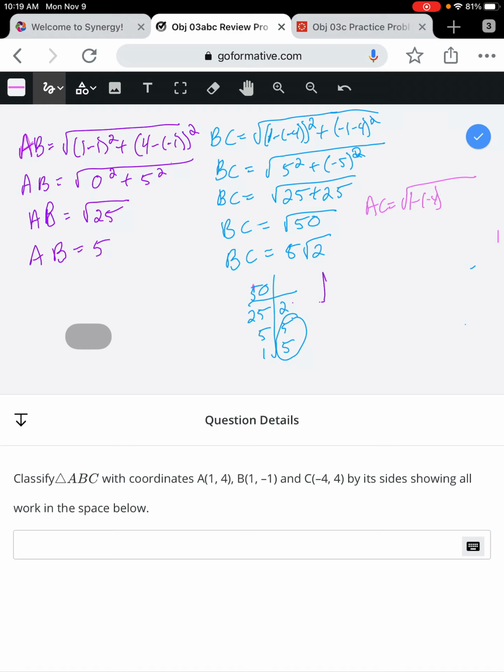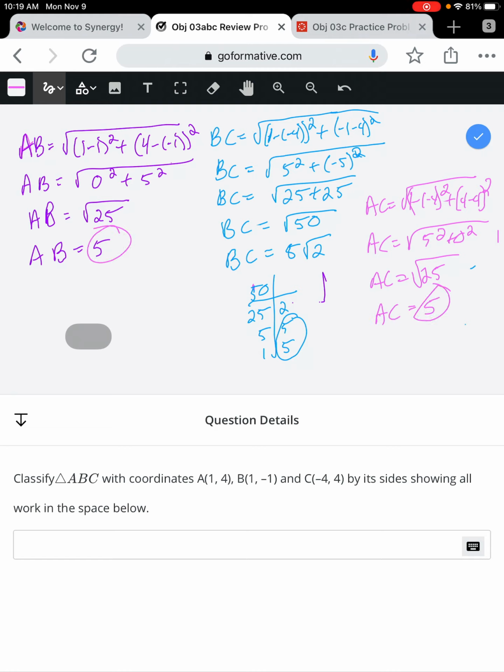minus negative 4 squared plus 4 minus 4 squared. 1 minus negative 4, that's going to be 5 squared plus 0 squared. 5 squared is 25. So this is going to be 5.